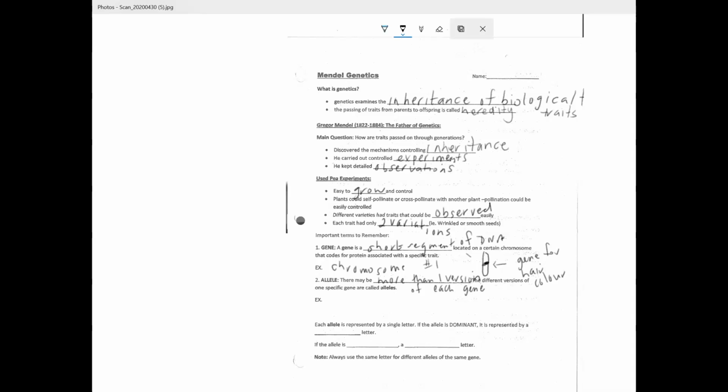Okay, so for example, you can have one chromosome where this gene is for hair texture, and it codes for curly hair texture.